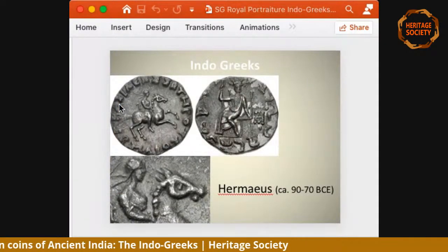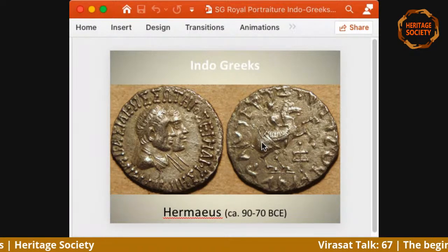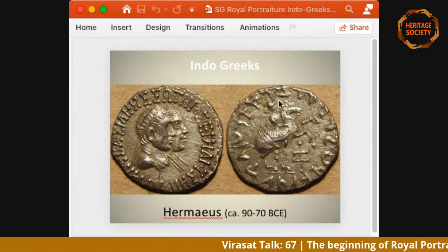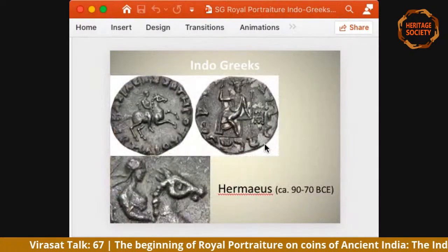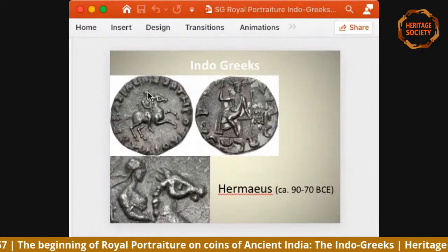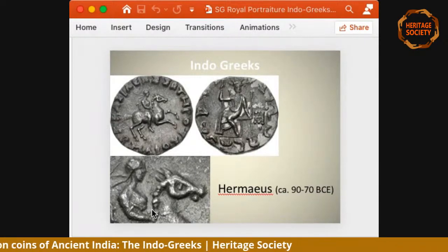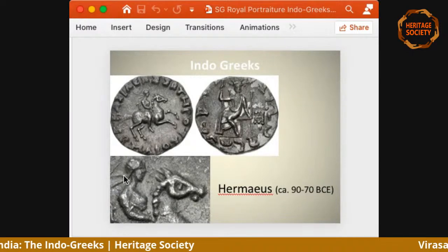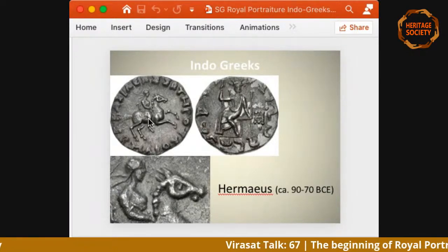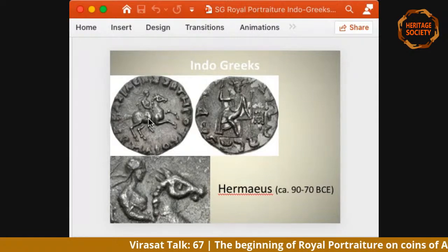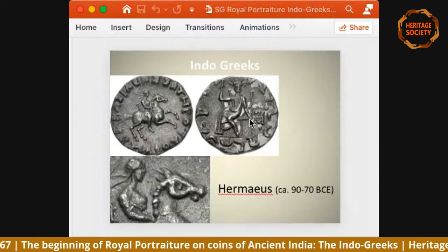But very interestingly, I go back, I did not discuss the reverse, which is a galloping horse. And here you see a male figure riding a horse. But on the other coin, the horse rider is definitely a female. You can see from the depiction here in the close-up that the horse rider is a female, and here the portrait of the king is gone. On the reverse, you see Zeus sitting on a throne.